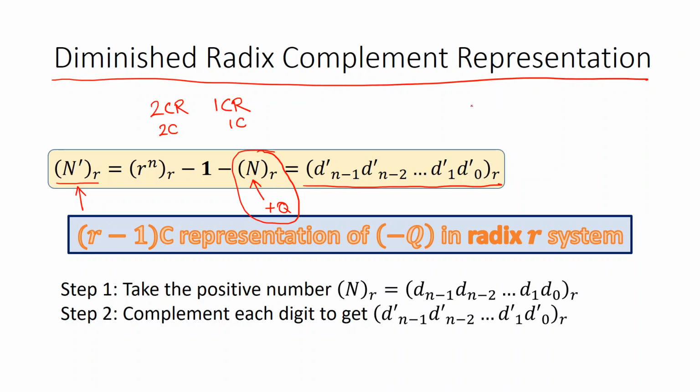Again the answer is the same. It is the signed magnitude representation of the number with the given length of digits. So if it is a binary number, it is the 2 signed magnitude representation of the positive number and given the length of bits, the length of the word that you are asked to represent it.